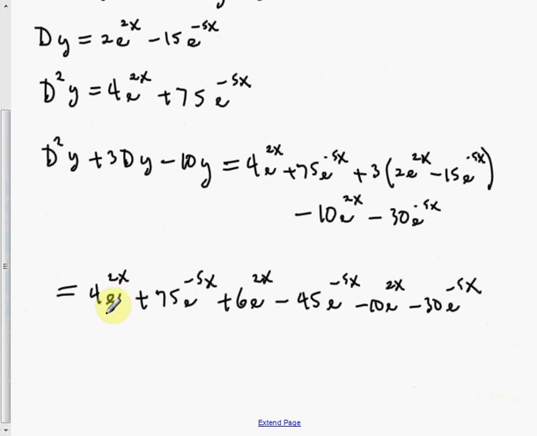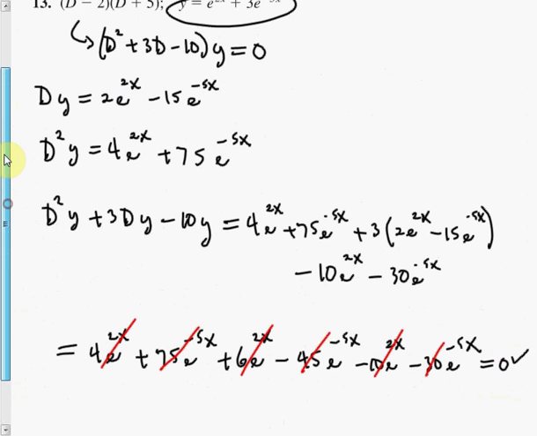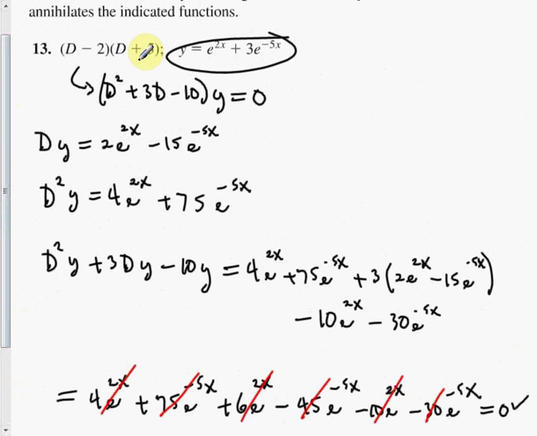Right? So let's look at the e to the 2x's. This is 4, that's 6, that's 10 minus 10. Well, they go out. And then this is 75 here, and this is minus 45 minus 30. Well, that's minus 75, plus 75, so they go out. So that's equal to 0. So we just verified that indeed this annihilator does cancel out that y.